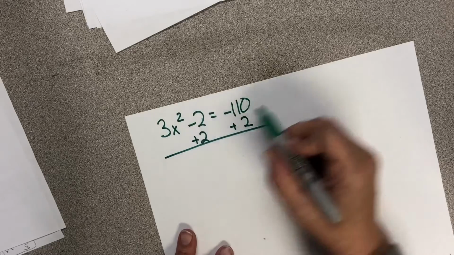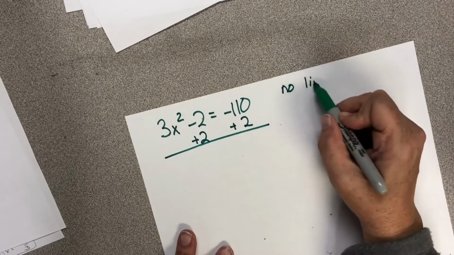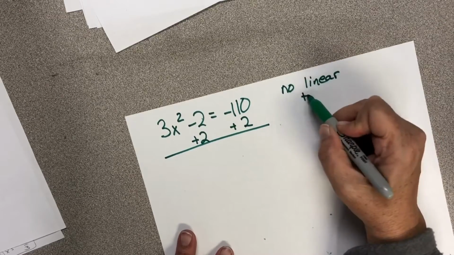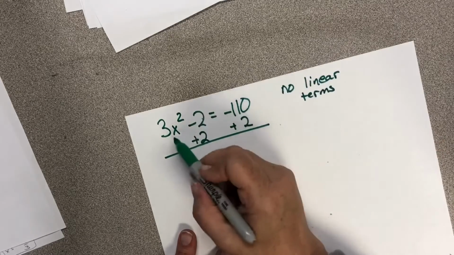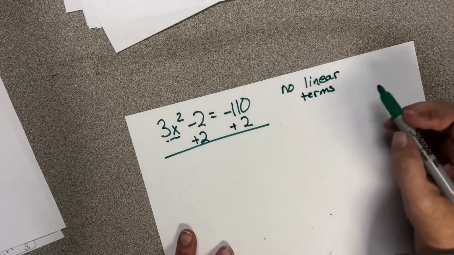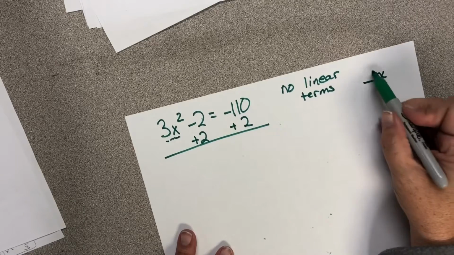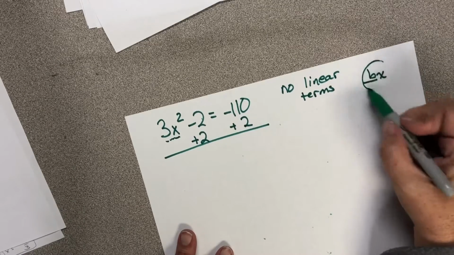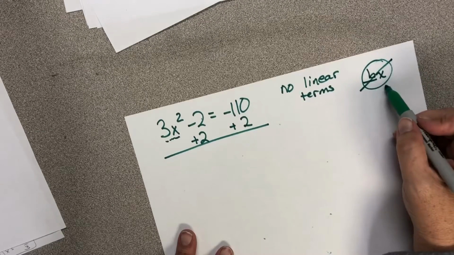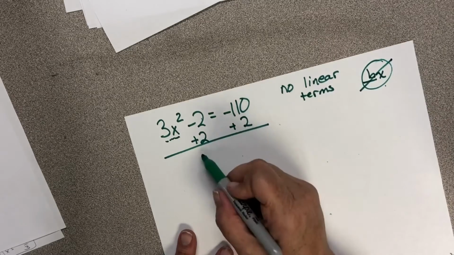By the way, did you notice there are no linear terms? I have an x squared, but I don't have anything that has a number and an x, like a bx. That does not exist on this problem, which means we just solve for x as usual.